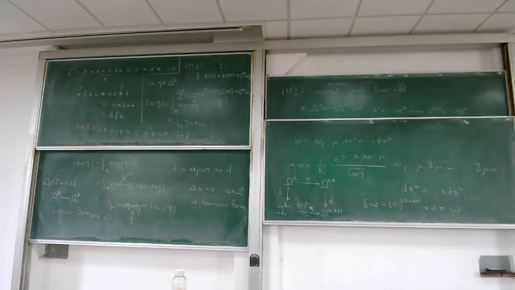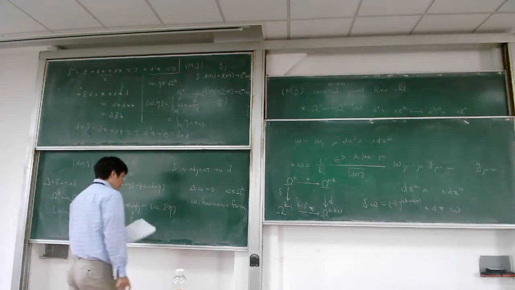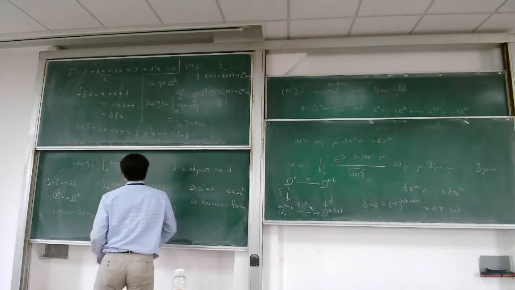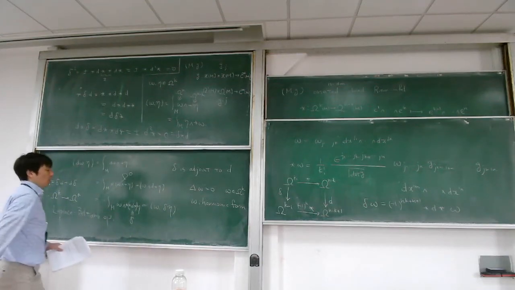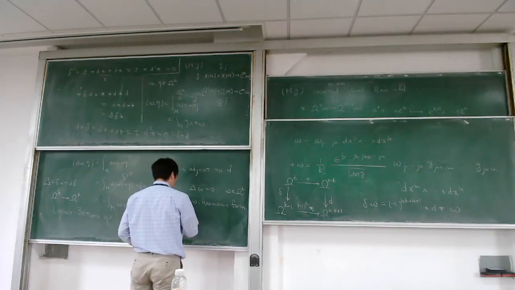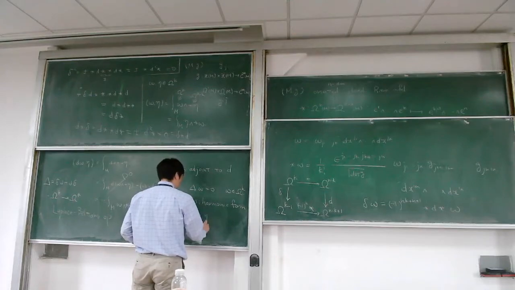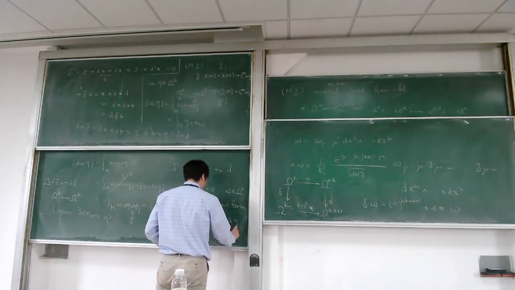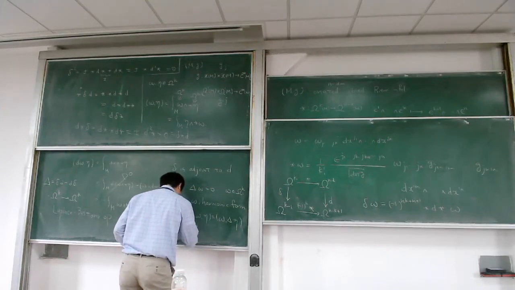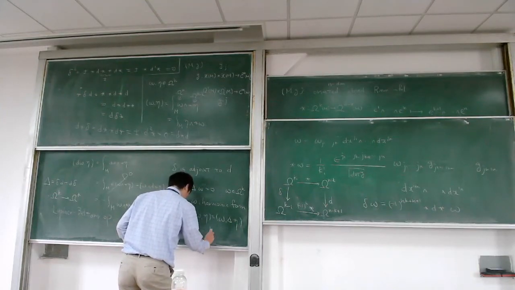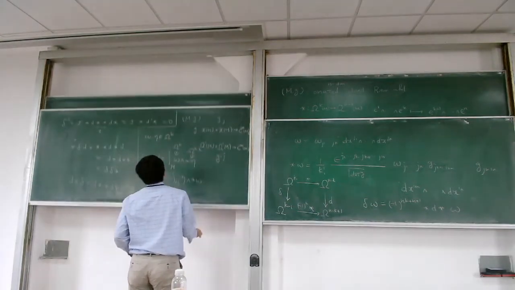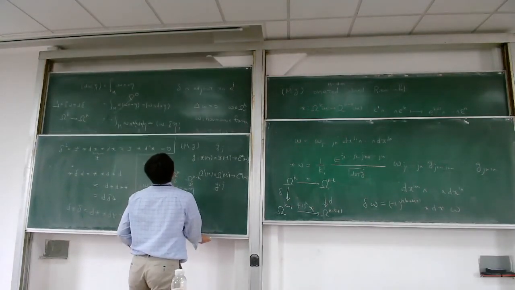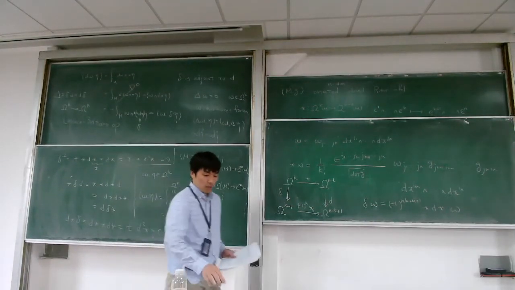And as you can easily see from here, one can have capital delta omega eta is equal to omega capital delta eta. So it's called self-adjoint.